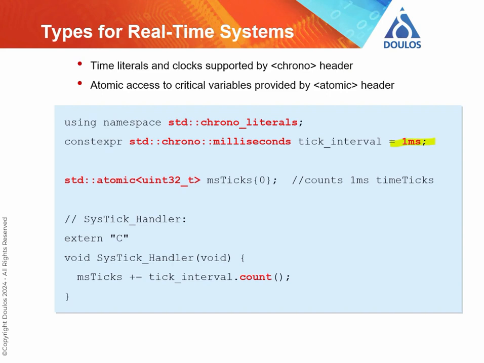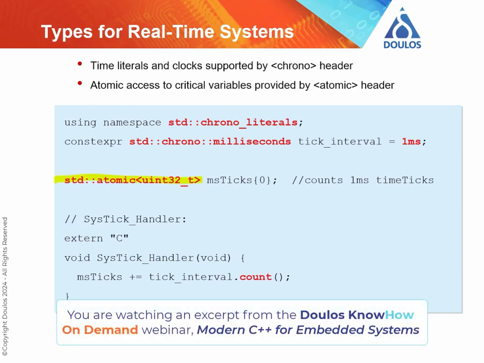If we've got a real-time system with multiple threads, then it's quite likely we'll have situations where we've got shared variables which are accessed from different threads, and we need to ensure we don't get race conditions. One approach to avoiding that would be to declare atomic access to that shared variable. That's supported in C++11 onwards by using the atomic header.